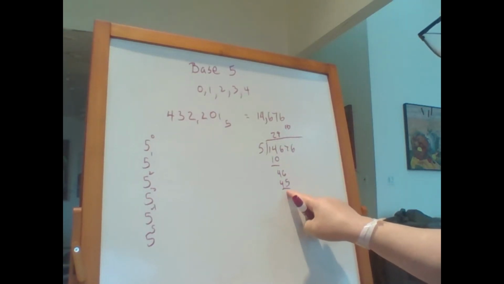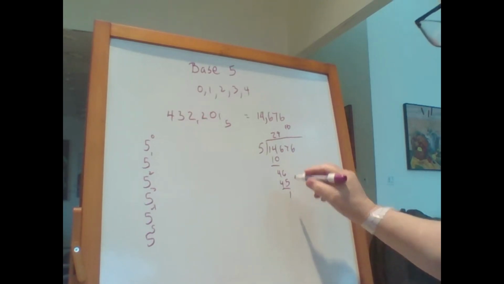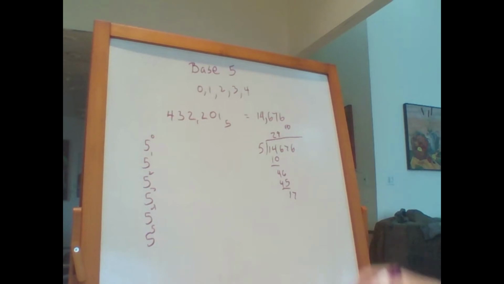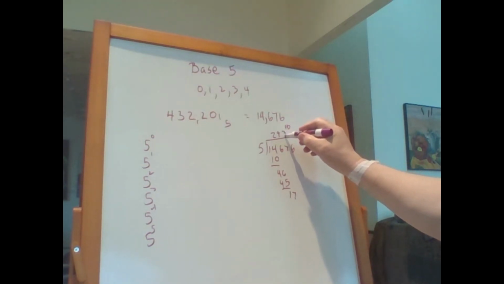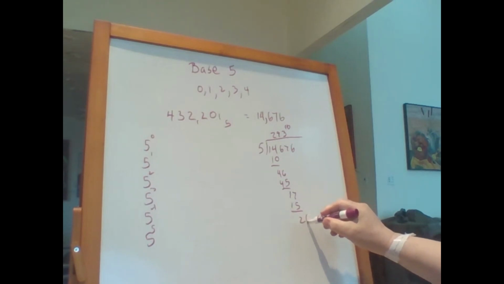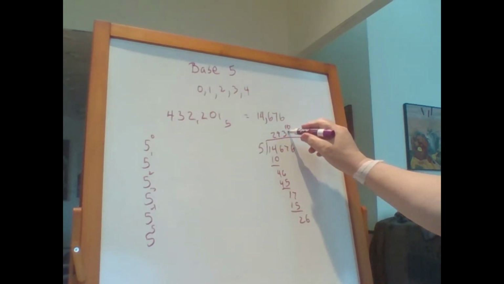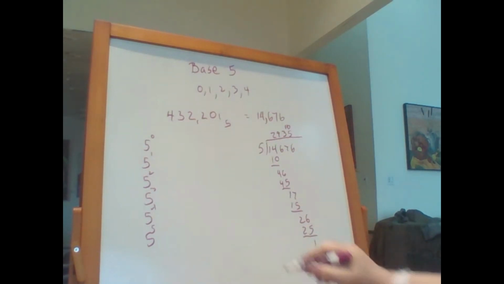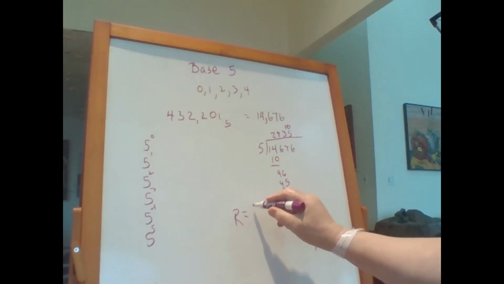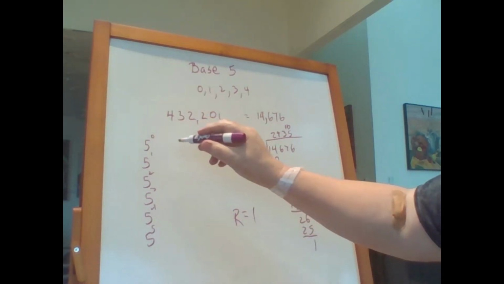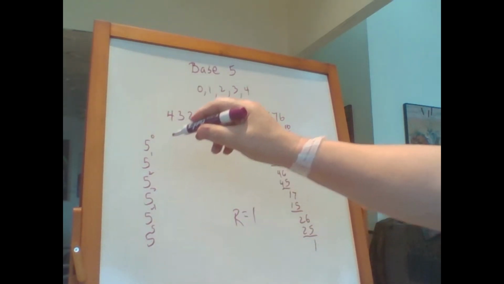And that would have been 1. Carry the 7 down. 3, 15, 2, 6. We got 5, 25, and the remainder 1. So remainder equals 1. So we put the remainder over here.